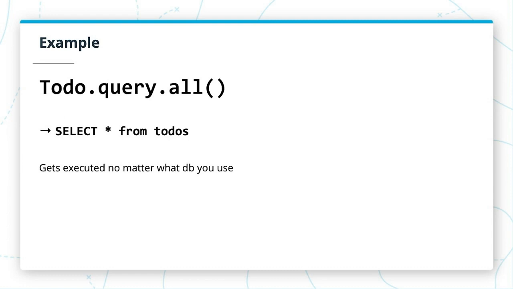The cool thing about using a Todo.query.all statement instead of a select statement is that it gets executed no matter what database system you connect SQLAlchemy ORM to. Recall what we said before, that every database system could potentially make you have to write SQL in a different way. When you are just using SQLAlchemy ORM, you abstract away the idea of what database system you use.